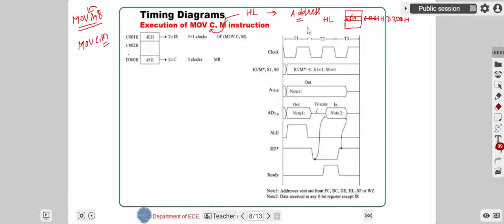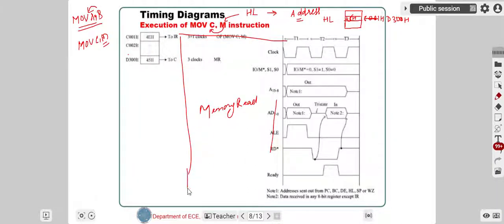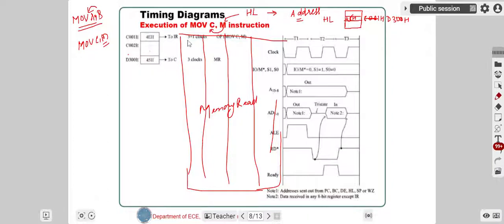This is the diagram for the memory read machine cycle. So you have to add the previous four clock cycles here also.